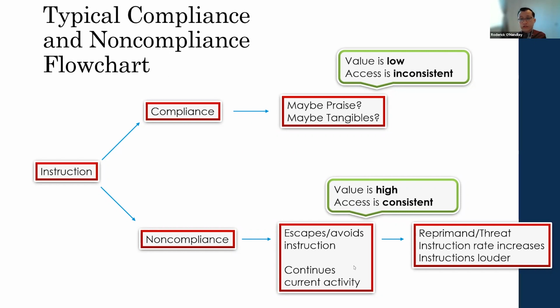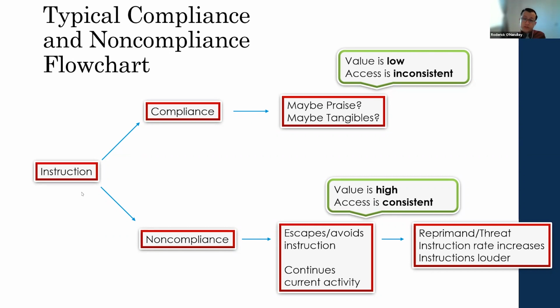So value is usually higher here, but even if it's not, most kids learn that access to some of these other things is more consistent than the access they might not get for being compliant with adult instructions. So value is typically lower, and at the very least, access is much less consistent to things that might incentivize more compliant behavior versus non-compliance. Value is almost always high and at the very least more consistent.